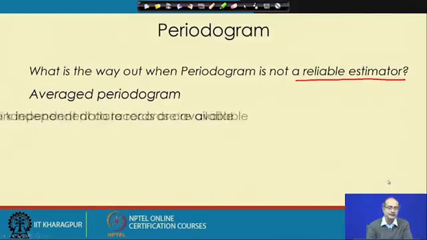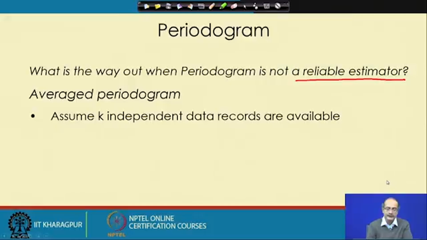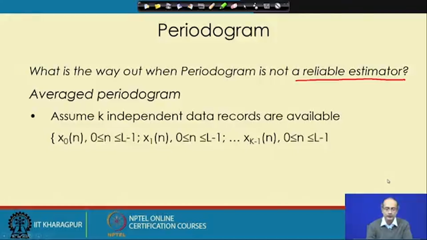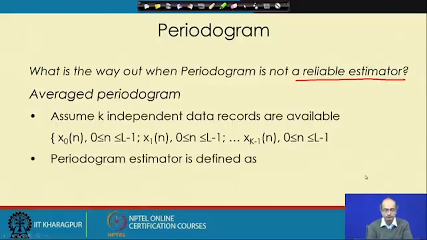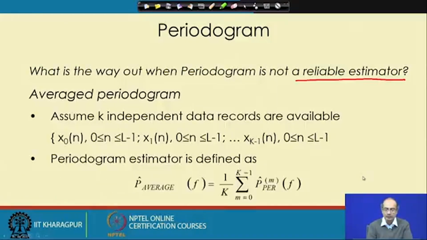What it suggests is that let us take K independent data records, x 0, x 1, up to x K minus 1, independent data records, and compute the periodogram of each one of them, and the new periodogram estimate is the average of these individual periodograms.